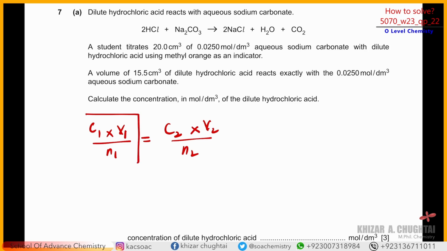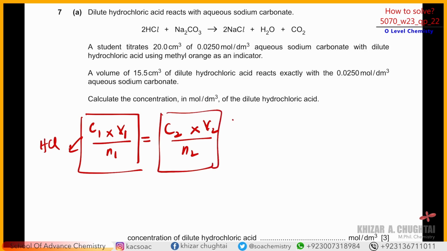Let's suppose the left hand side is for acid, HCl, and the right hand side is for sodium carbonate. So this is the concentration of acid, the volume of acid, and the number of moles of acid from the balanced chemical equation. This is the concentration of sodium carbonate, the volume of sodium carbonate, and the moles of sodium carbonate from the balanced chemical equation.